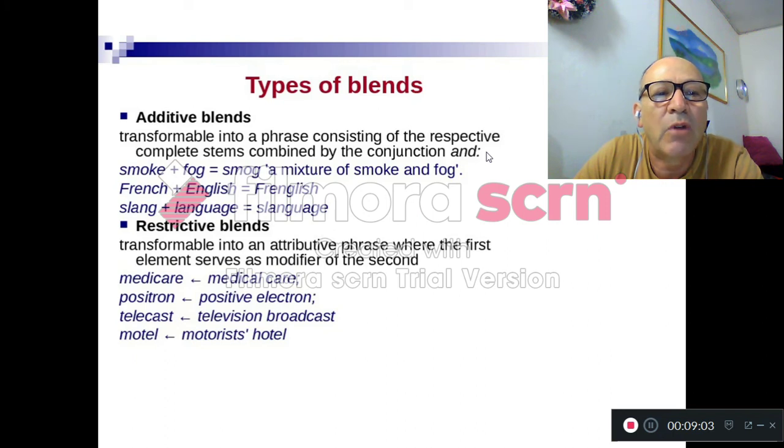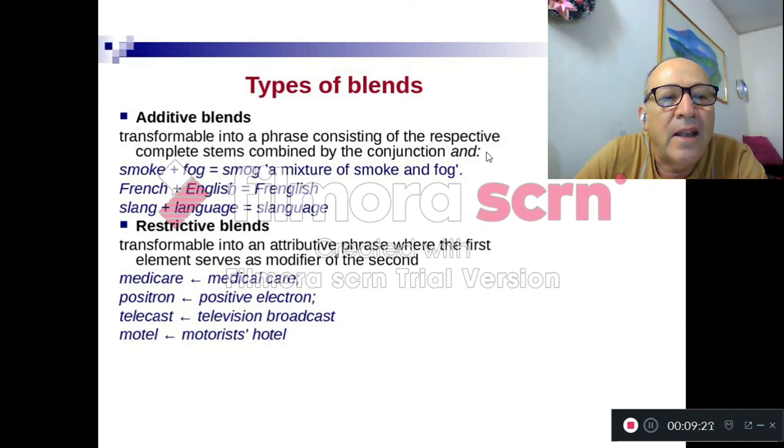Examples: smoke plus fog equals smog, a mixture of smoke and fog. French plus English equals Frenglish. Slang and language equals slanguage.